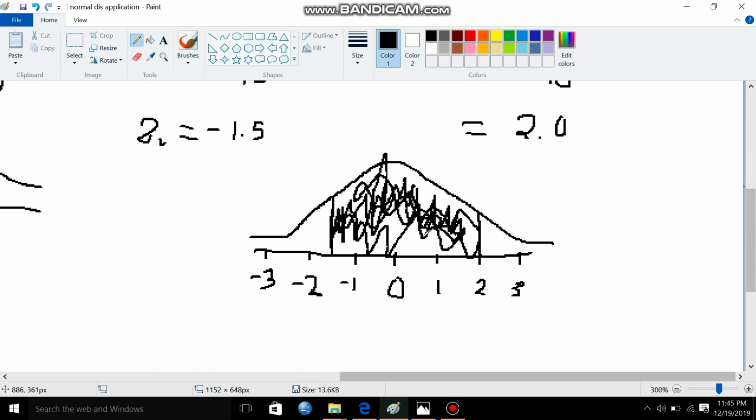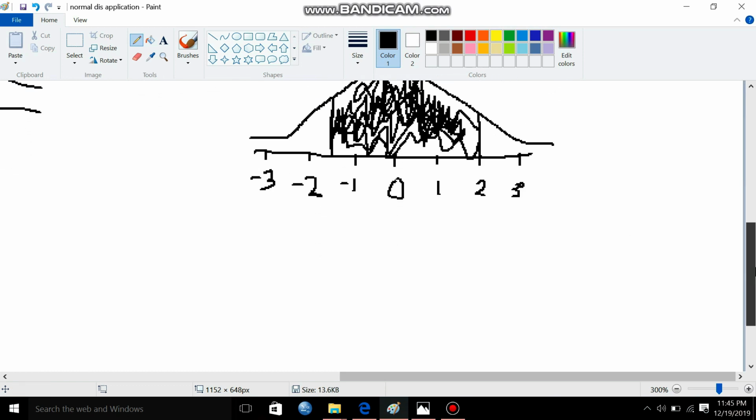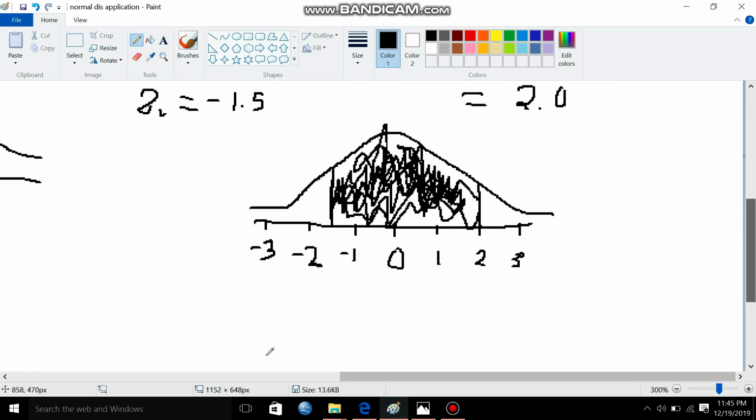If we look at the graph, we can automatically say that the probability is big. So to do that, let us now solve for the probability.